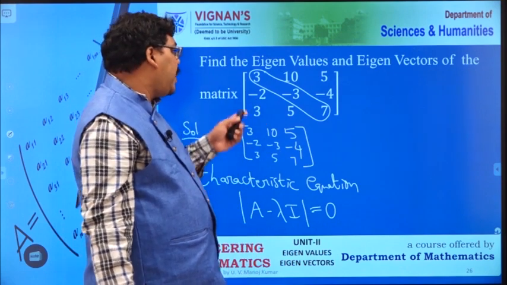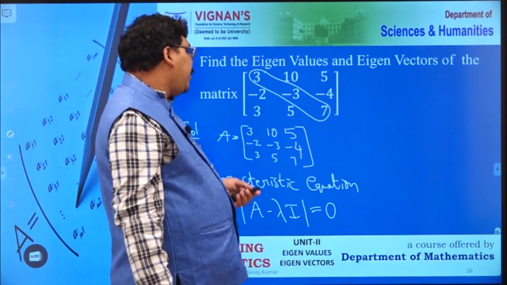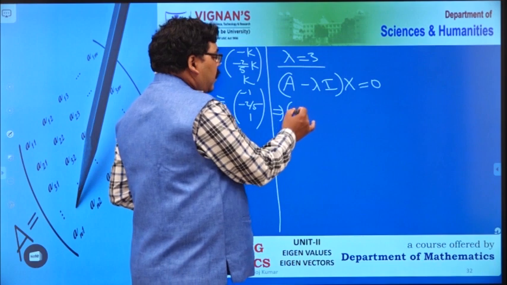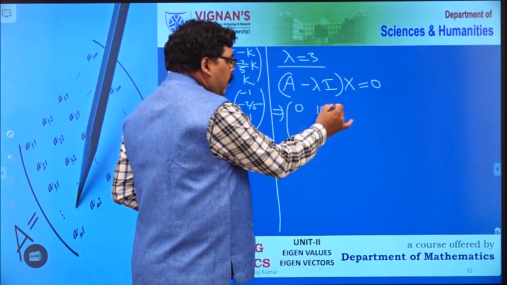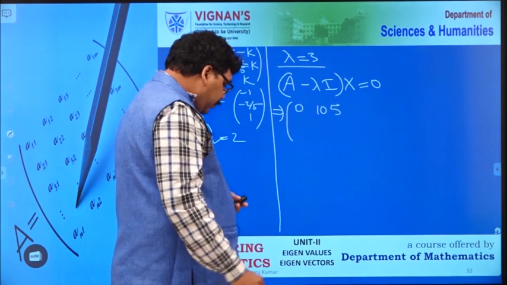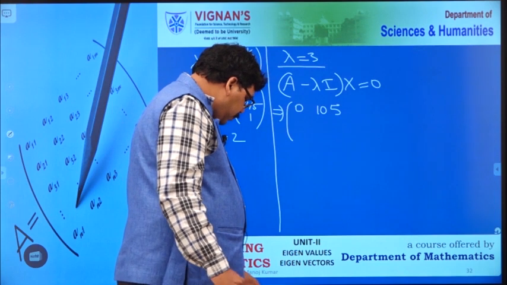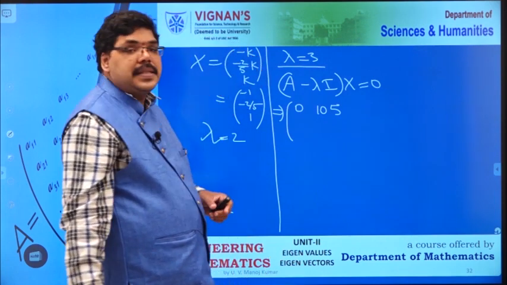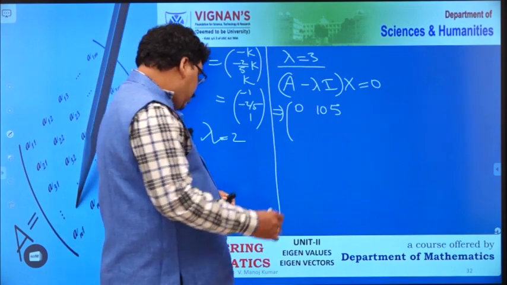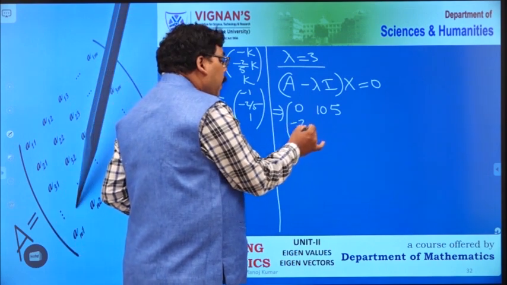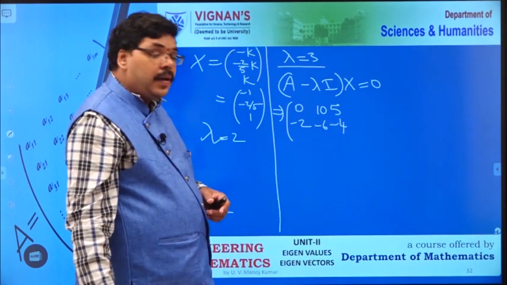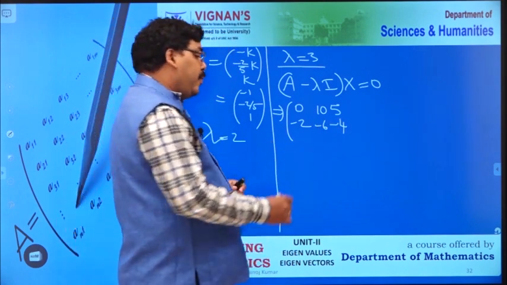So A minus lambda I becomes 0, 10, 5. The second row comes to be minus 2, minus 6, minus 4. The third row is 3, 5, 4.